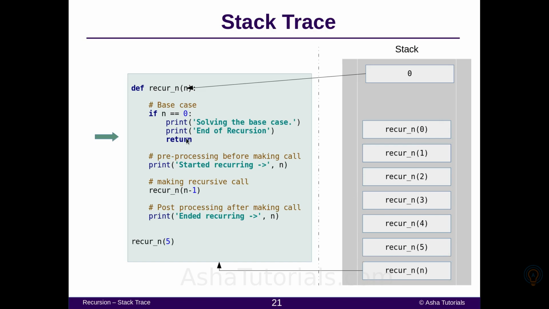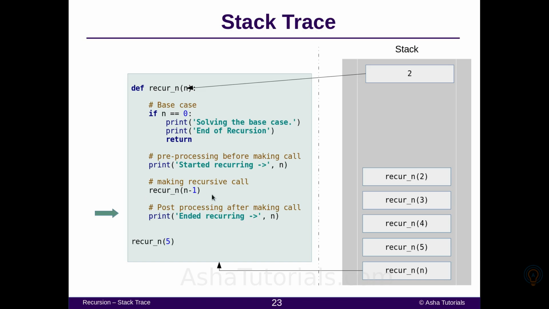So whenever it returns, it will resume the n equal to 1 recursive call, because the last call made by n equal to 0 has returned here. Okay, so it will resume it and print "ended recurring for 1".